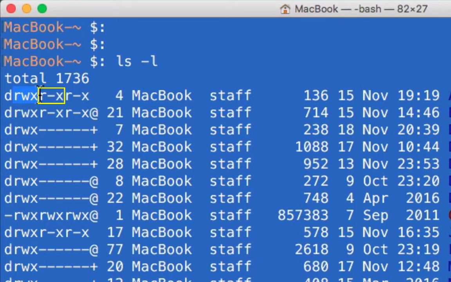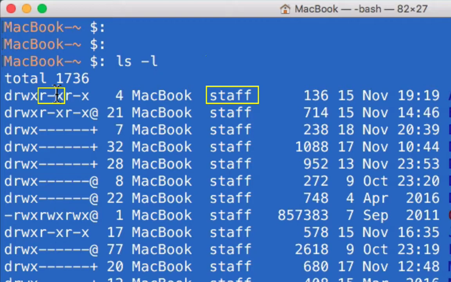Okay, the second 3 characters refer to the group to which this folder is assigned, the group staff, and they are telling us that the group staff can read this folder, they cannot write to this folder. In fact, there is not a W here, there's just a line.